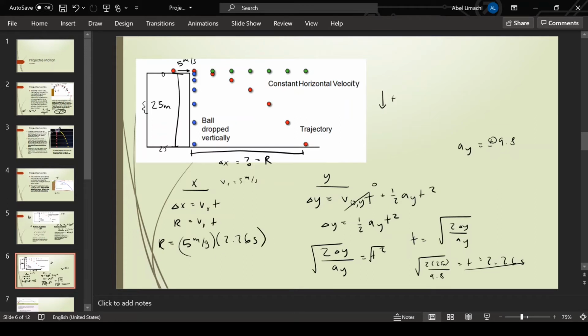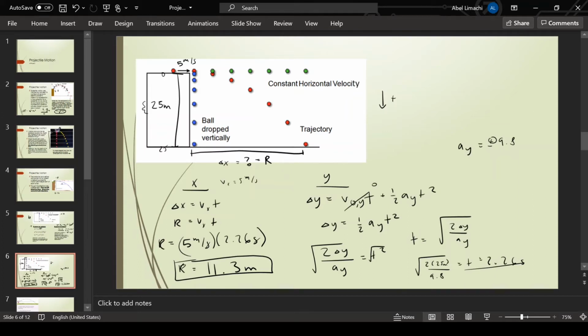If you look here, the seconds cancel out, so you're left with meters, which is the distance traveled. So it makes sense. And we get R is equal to 11.3 meters. And that's the answer for how far this thing travels.